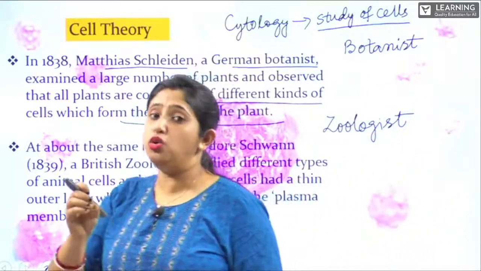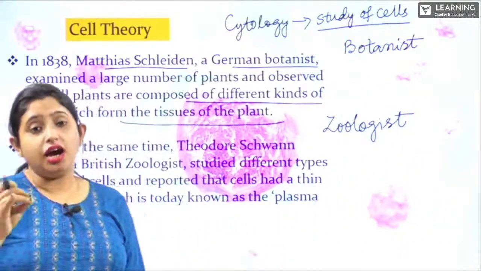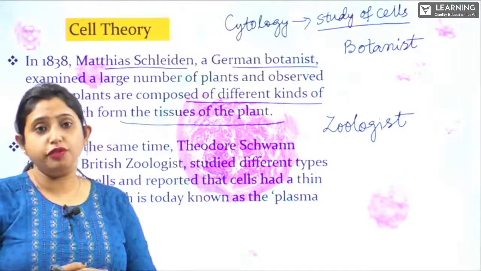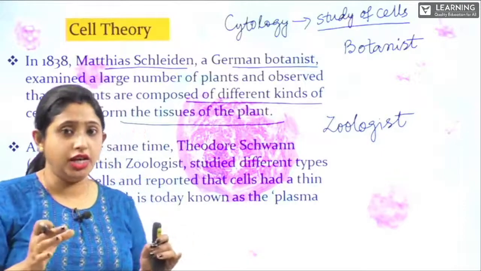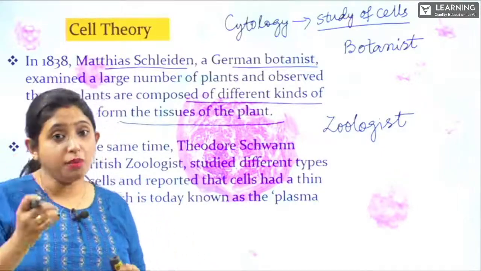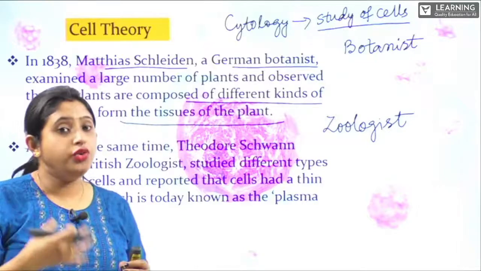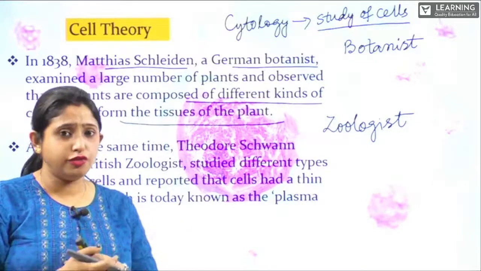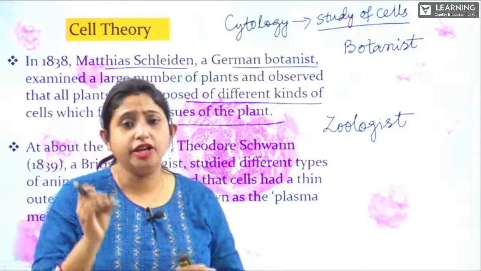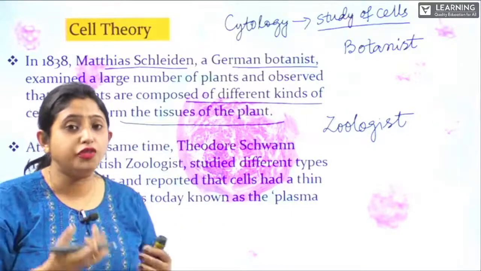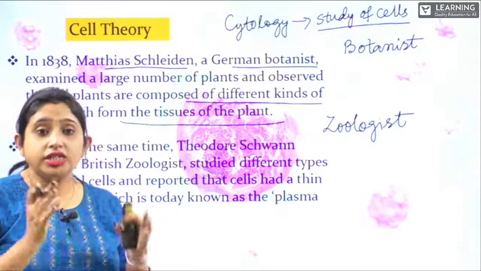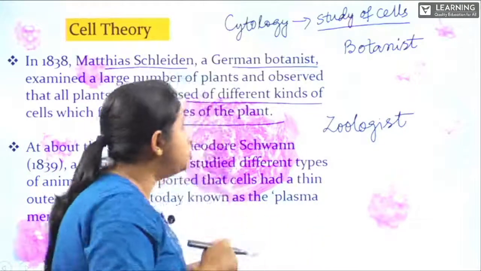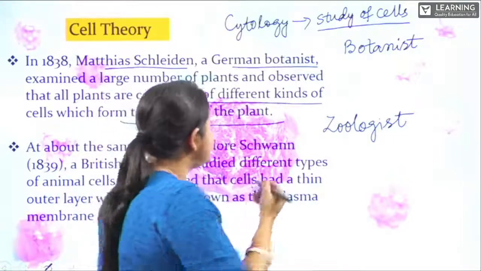Basically, cells lead to the formation of tissues. A group of cells performing a specific function is called a tissue. He observed that different plant cells have different functions, which leads to the formation of plant tissues. His name is Matthias Schleiden.